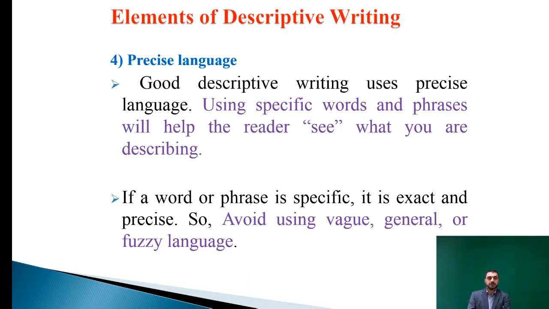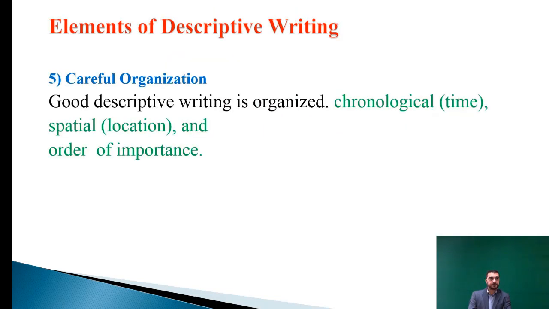Using specific words and phrases will help the reader see what you are describing. If a word or phrase is specific, it is exact and precise. Otherwise, the picture will not be well portrayed to the audience. In the case of using vague, general, or fuzzy language, the idea or the object we are going to describe will not be well portrayed to the audience.